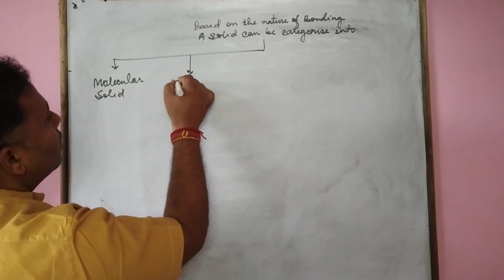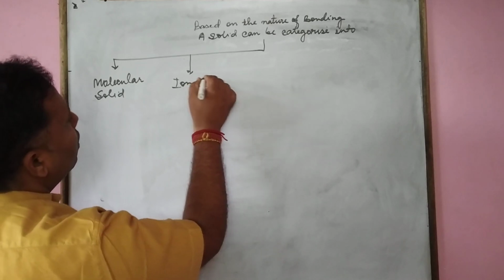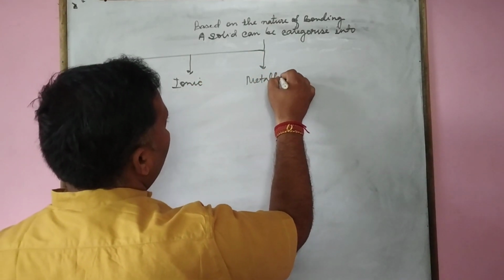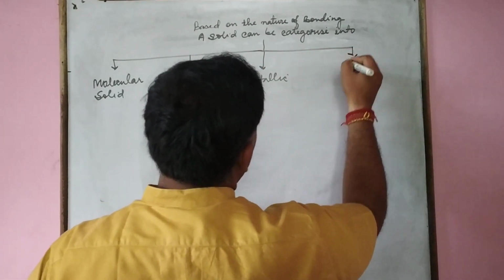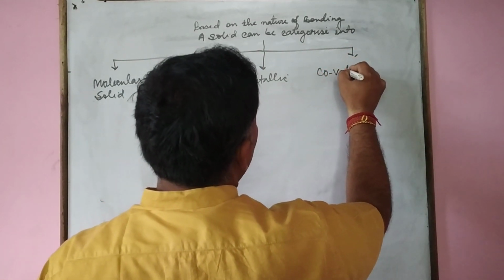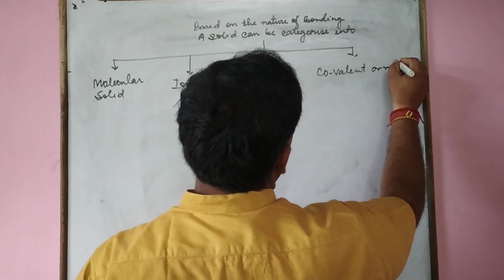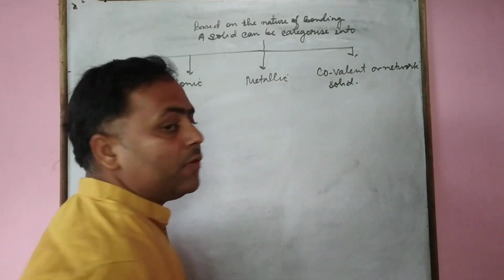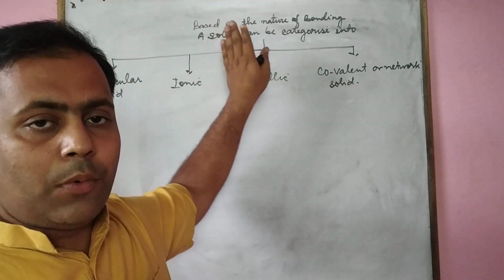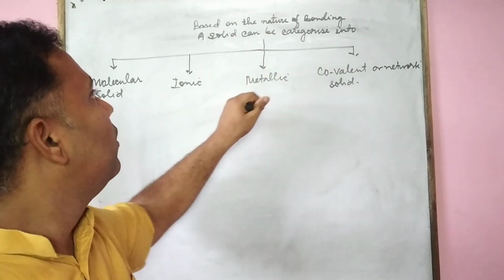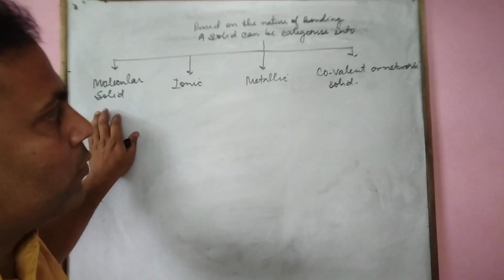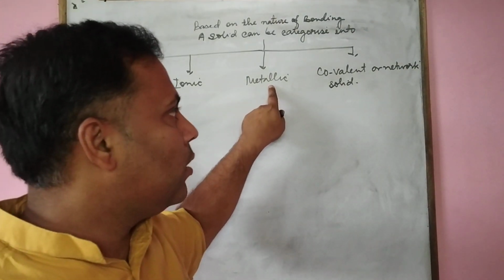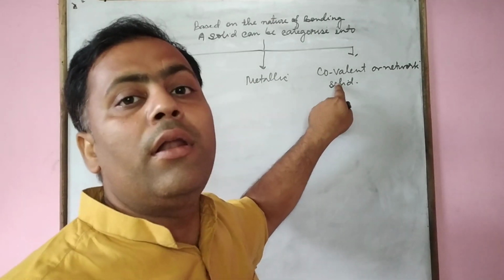The next one is ionic, the next one is metallic, and the next one is covalent or network solid. What we see here: based on the nature of bonding between the constituent particles, a solid can be categorized into 4 types, that is molecular solid, ionic solid, metallic solid and covalent or network solid.